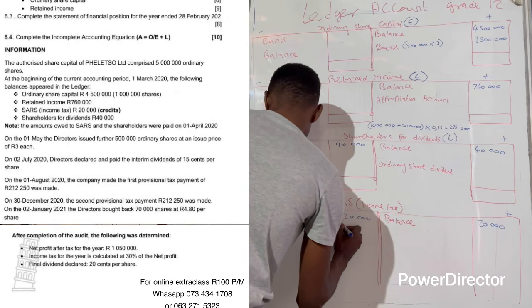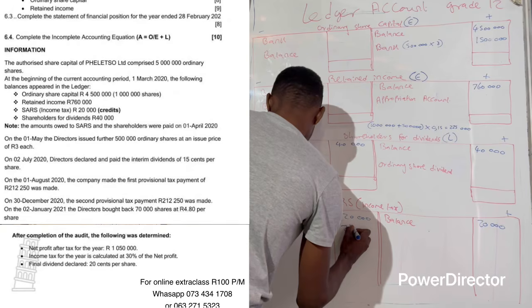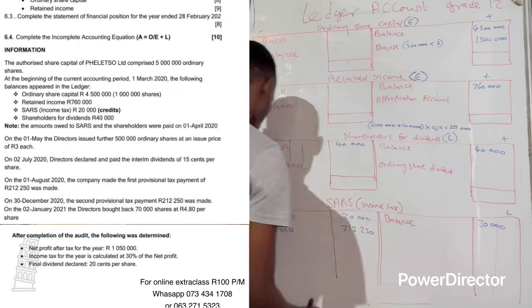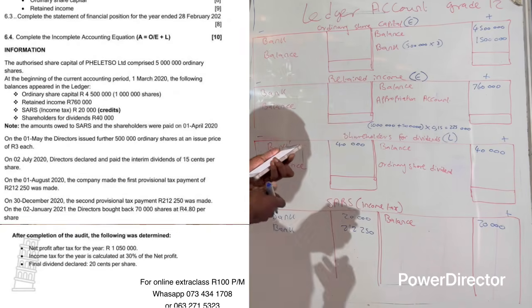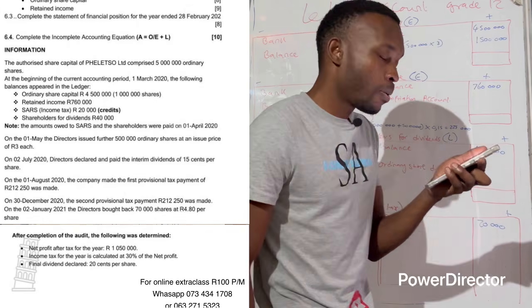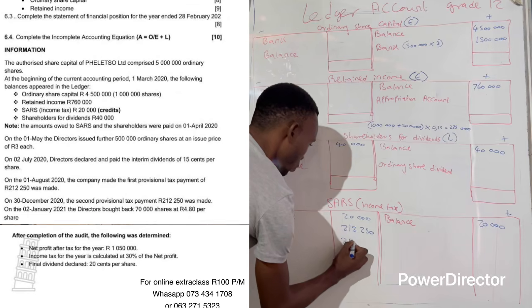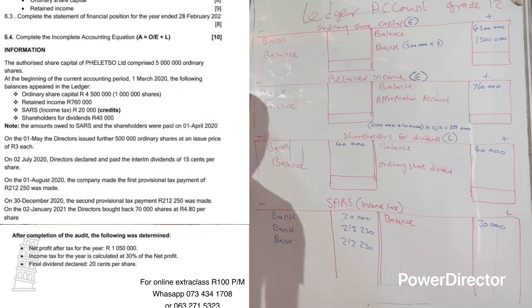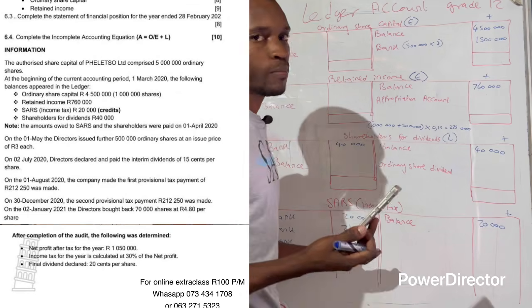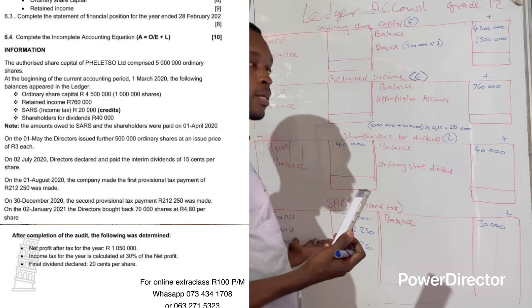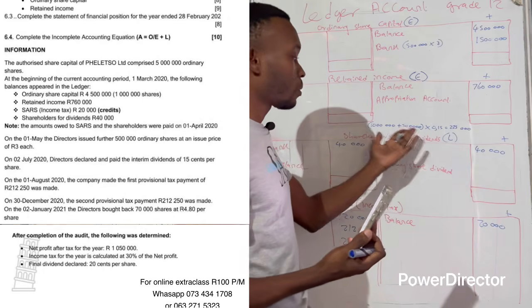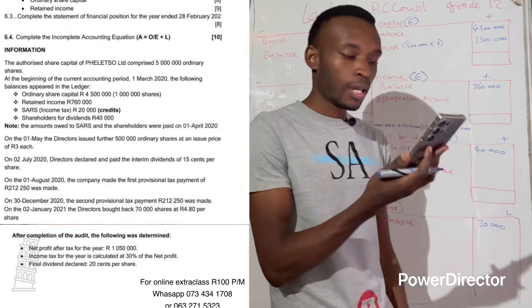They reduced the liability by 212,250. And again, on the 3rd of December, they paid the same amount again. They reduced another liability. By how much? 212,250. This one is very simple, guys. Liability decrease this side. If liability increases, which means that we owe SARS some cash.